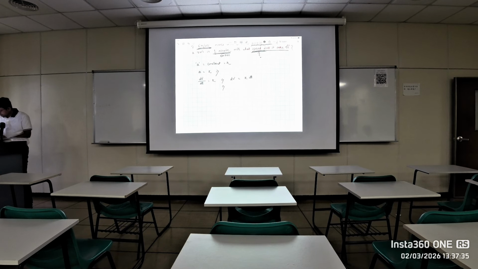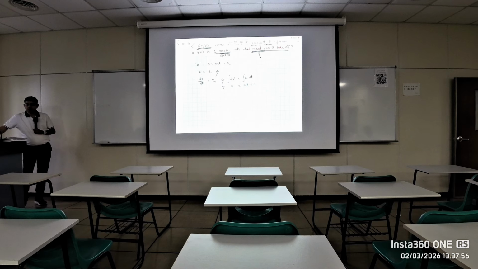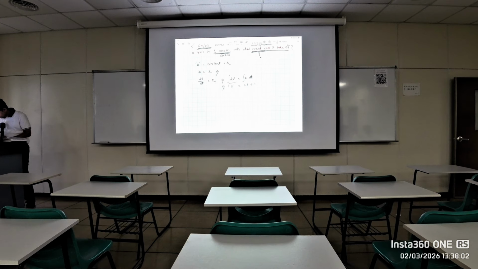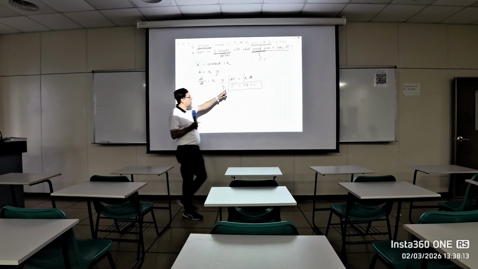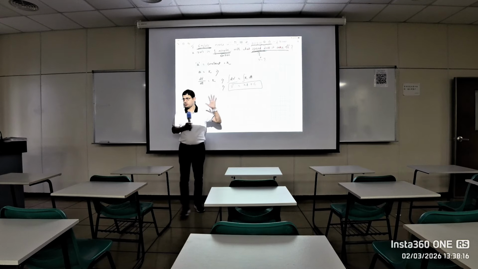If I integrate both sides, I will get v is equal to kt plus some constant c. Does it make sense? Right? So this V, the velocity, the speed, is what we are supposed to calculate. We need to find out this velocity.